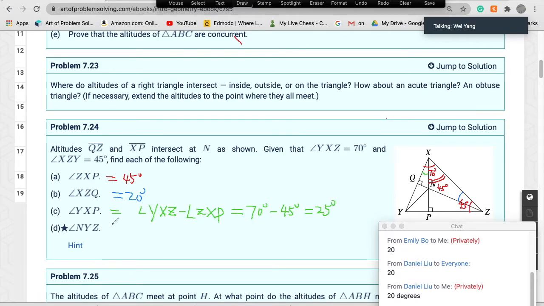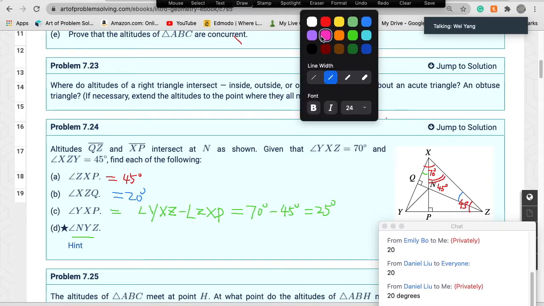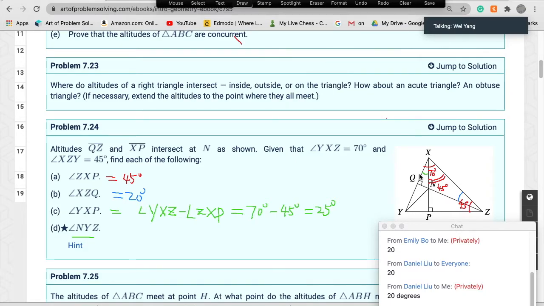Okay. Now they ask you to find NYZ. Let me change the color. Let's use this color. They ask you to find this angle NYZ. What is this angle?